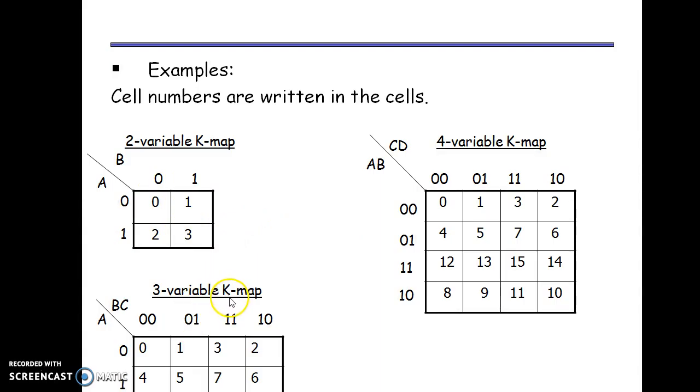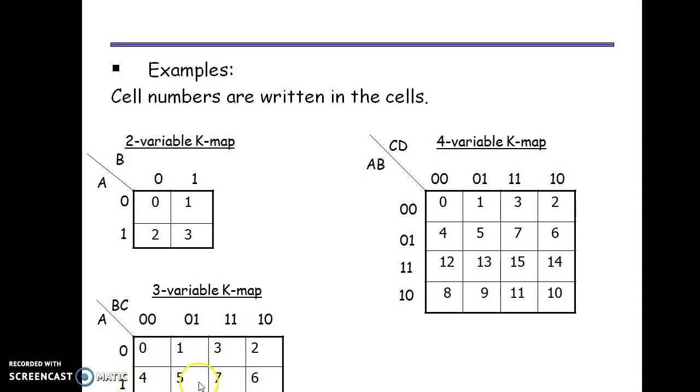For the 3 variable K-map, the cell numbers are written as 0 1, then 2 3, 4 5, 6 and 7. All these cell numbers are the decimal equivalent of the particular binary. So the decimal number is equivalent to the intersection of the binary number. 3 is the equivalent of 0 1 1.